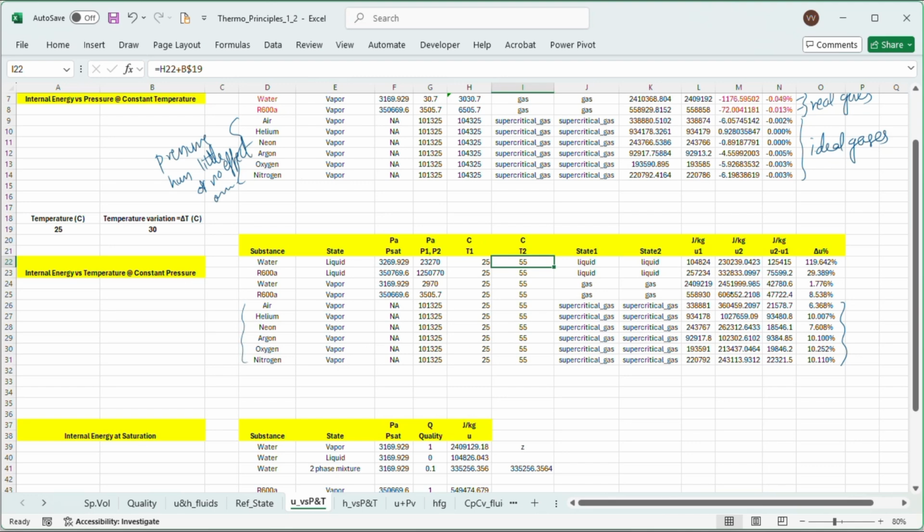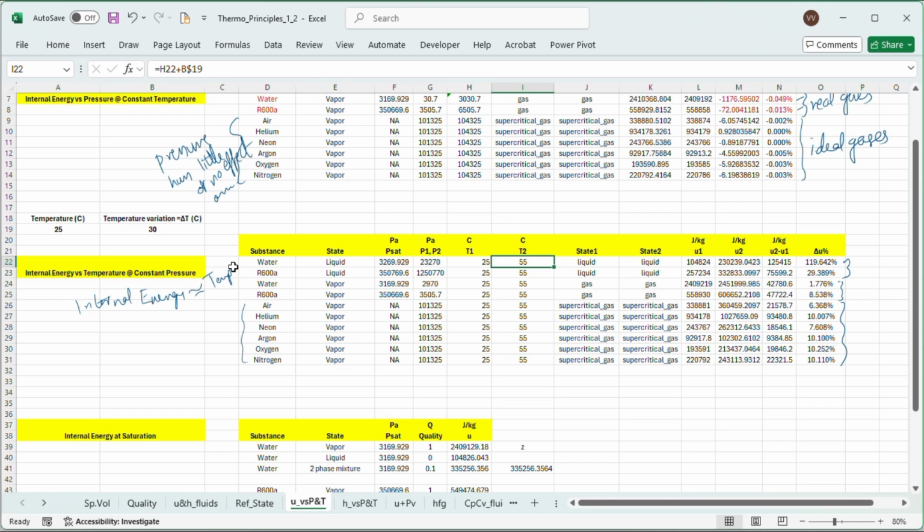It is even higher for liquids, 119 to 29% difference for liquids. For real gases too, there is change, but it's slightly lower. So internal energy of the system is primarily dependent on temperature.